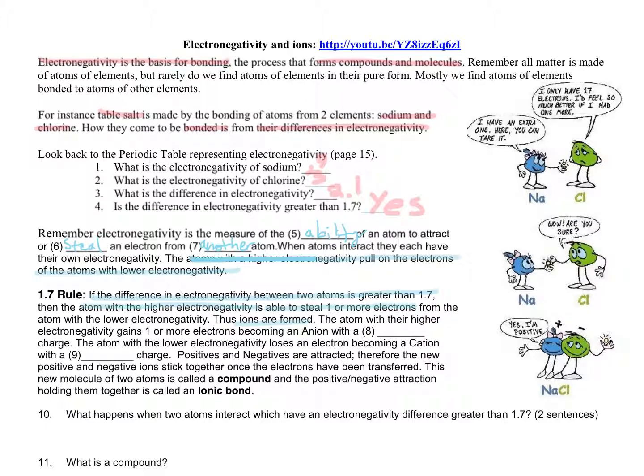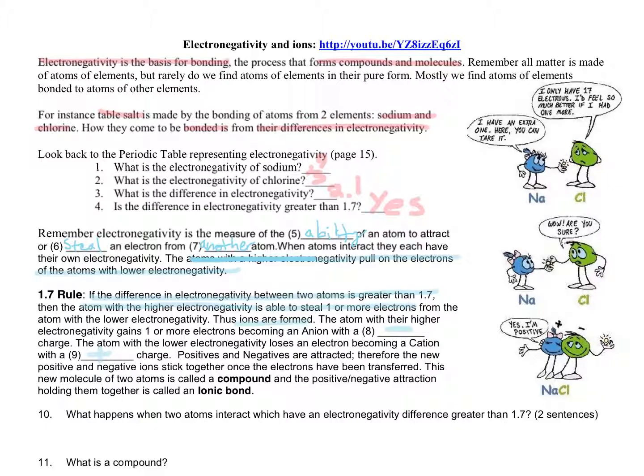The atom with the higher electronegativity gains one or more electrons. If I gain electrons, I become an anion. And anions have a negative charge because they've gained more negatives than they have positives. The atom with the lower electronegativity is going to lose electrons, becoming a cation. Since I have lost electrons, I now have more protons than electrons, and I have a positive charge.